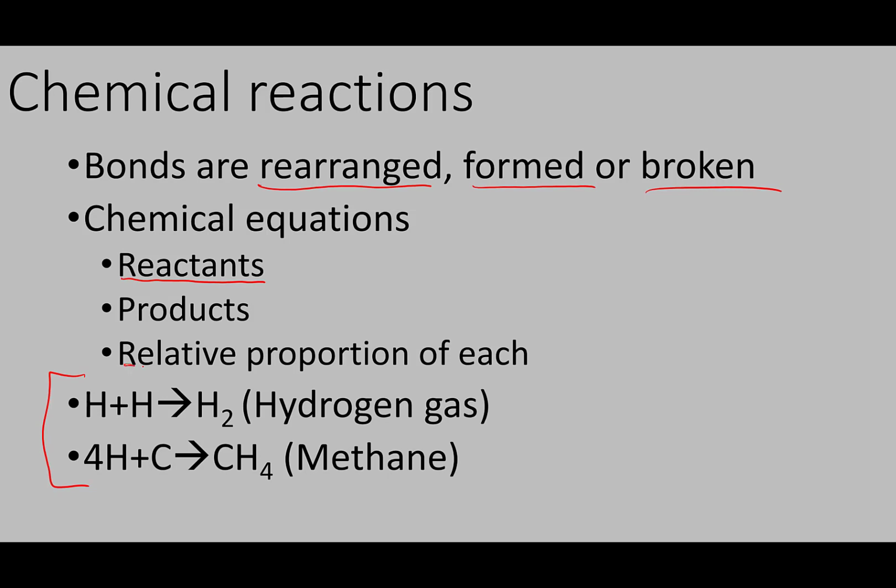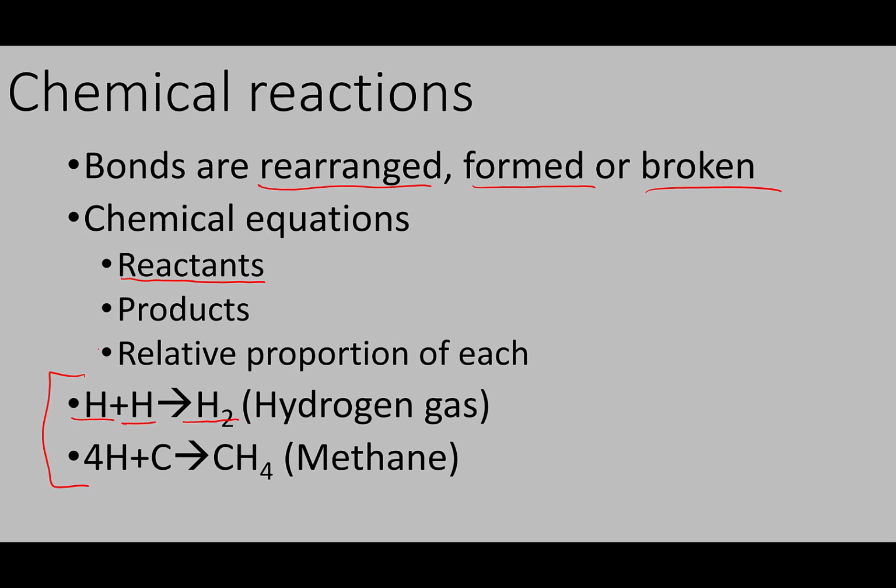And the relative proportion of each. So if we don't see a number in front of something, that just means there's one of them. It doesn't mean there is only a single hydrogen and a single hydrogen and a single H2 hydrogen gas. It just means the relative proportion.